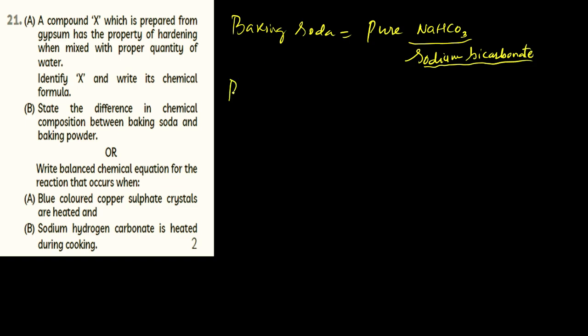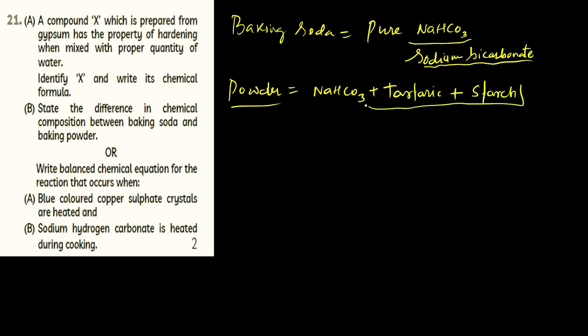Now, what about baking powder? Powder is sodium hydrogen carbonate plus an organic acid like tartaric acid and a catalyst like cornstarch. This is a premix.